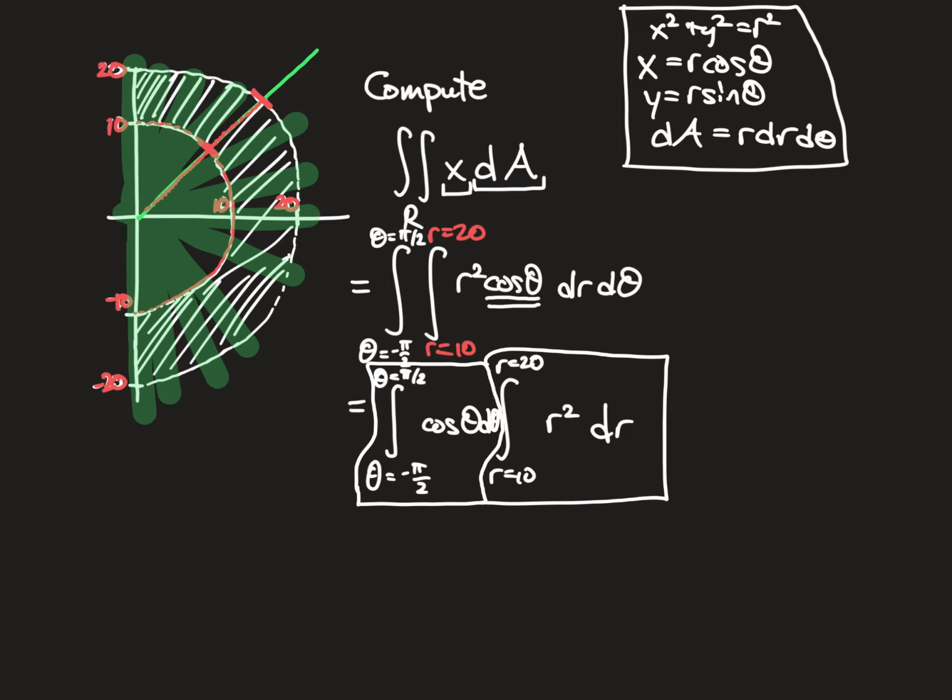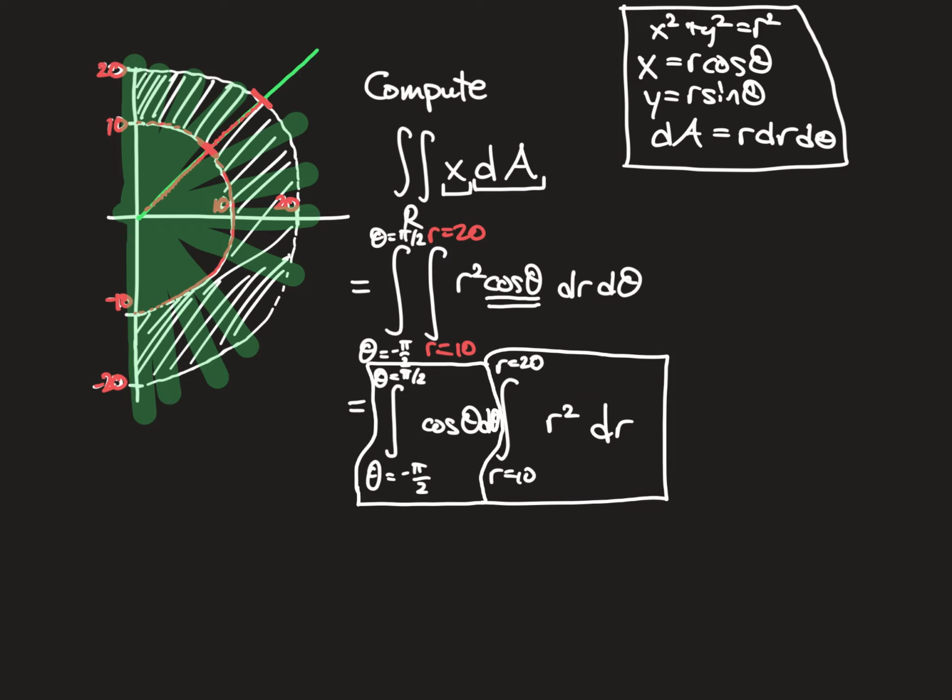We can't do that very often because usually r and theta, or x and y, are intertwined such that breaking the integrals entirely apart like this is not possible. Usually the boundaries for the inner integral involve the variable that we're integrating over in the outer integral, for example, and so we can't disentangle them like this, but here we can.